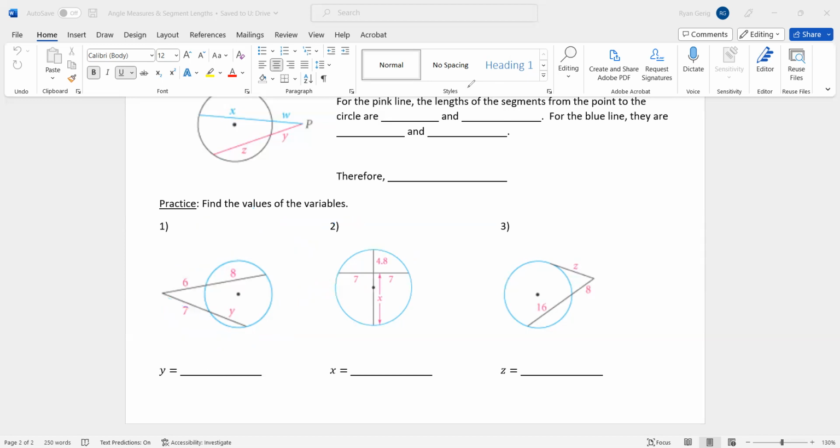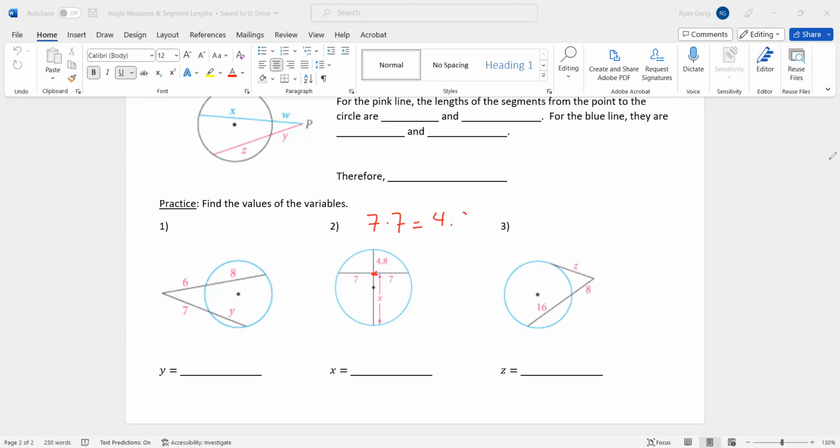Second one, this point is inside the circle. Everything's actually given to you. So I'll do the easy one here, 7 and 7. So 7 times 7 equals, well, the other chord or diameter here is 4.8 and x.